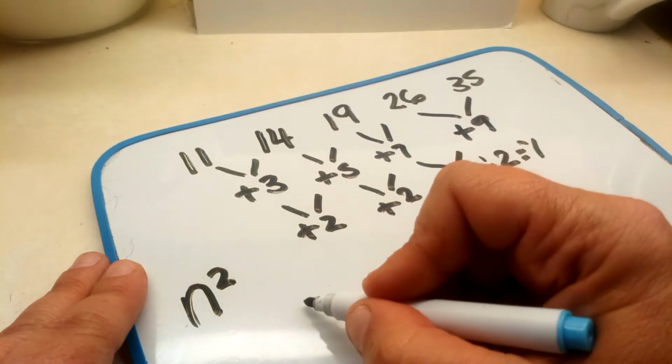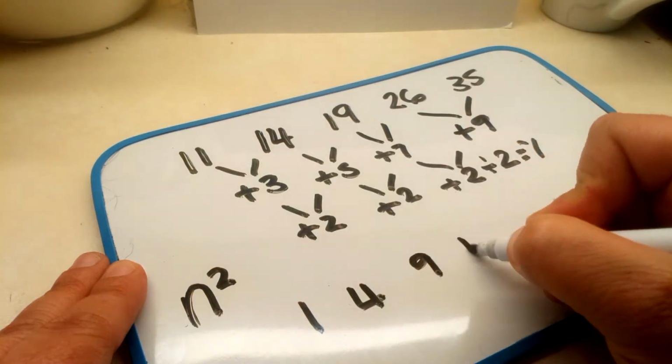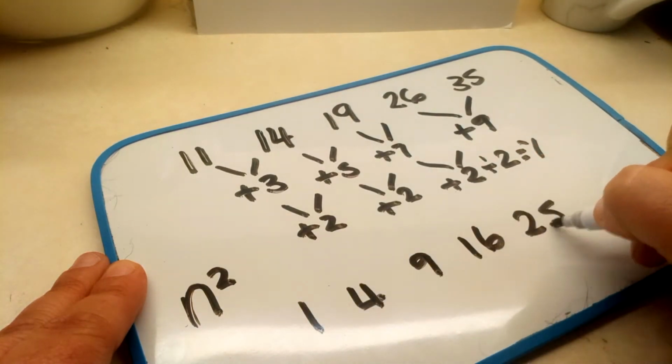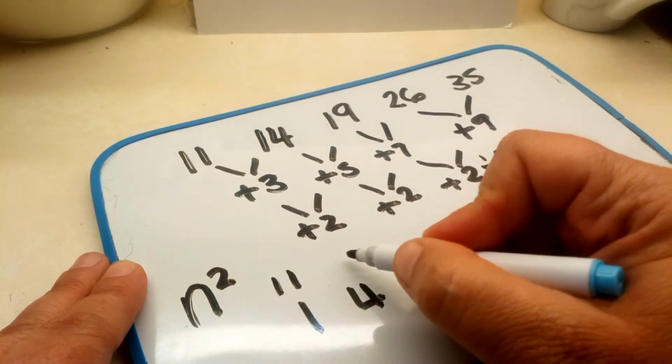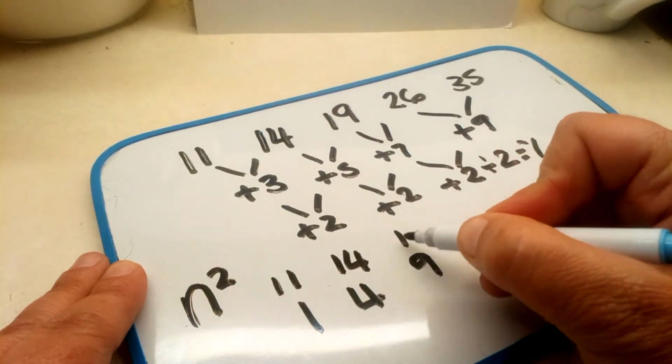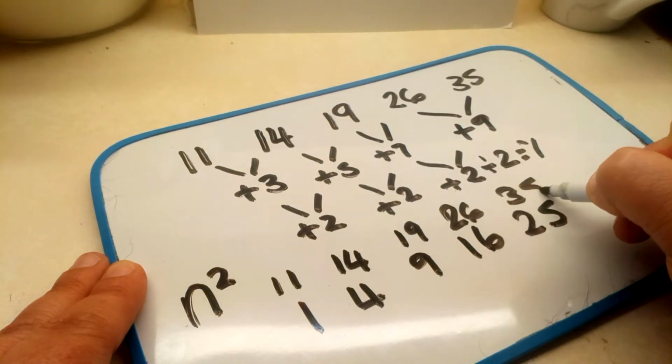So again, we're going to write down our squared numbers: 1, 4, 9, 16, 25. And above it, the original sequence: 11, 14, 19, 26, and 35.